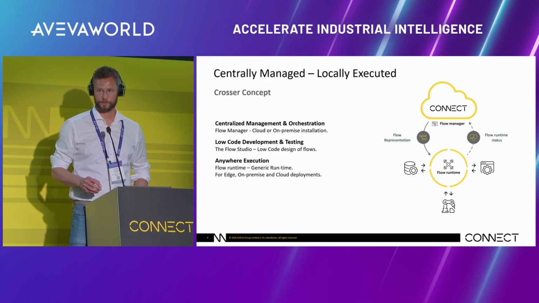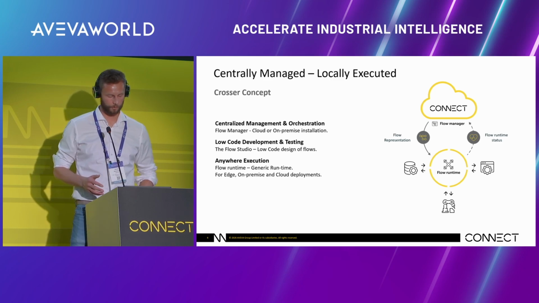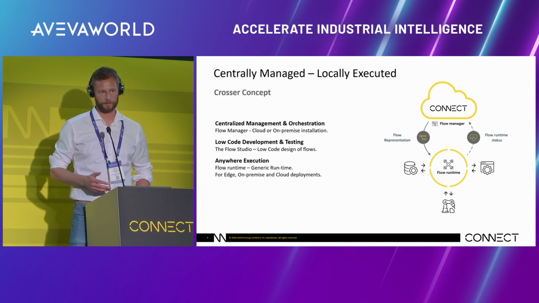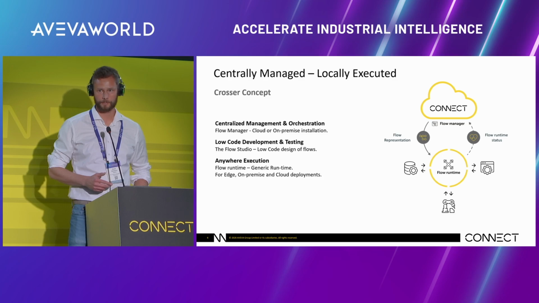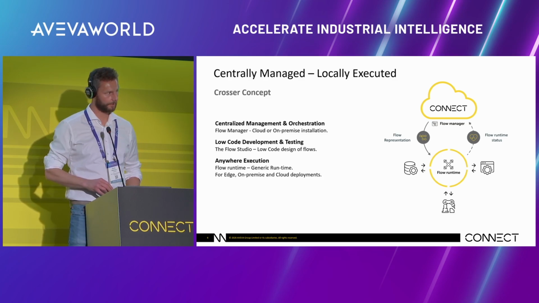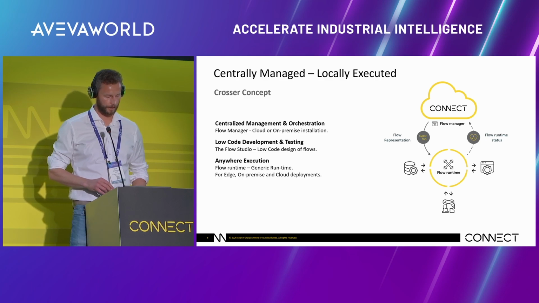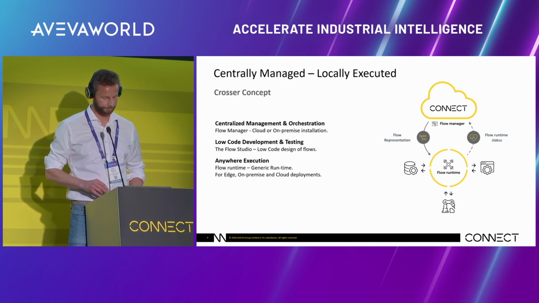The Flow Runtime can be deployed either as a Windows service or as a Docker container, and it can literally sit anywhere. It could be deployed on a small Raspberry Pi, on a gateway, in a Kubernetes cluster. We don't really care. This is just the agnostic runtime that allows you to run and execute these flows.